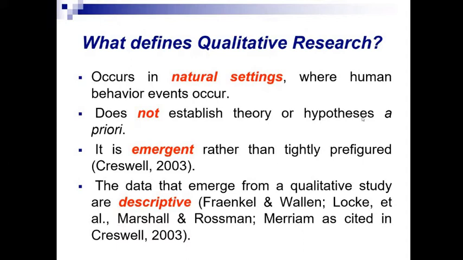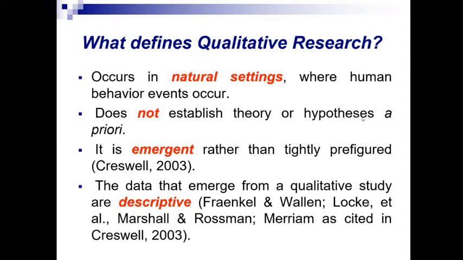Kasi in quantitative research, everything is considered to be preset. Like, for example, just before you go with your data collection, it's important that you have your questionnaire finalized already. However, in qualitative research, everything is considered to be emergent.